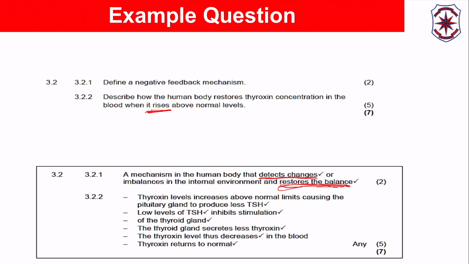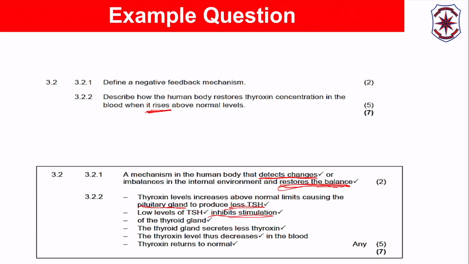Thyroxin levels increase above normal, causing the pituitary gland to produce less TSH. So the pituitary gland is stimulated and it secretes less TSH. Low levels of TSH inhibit stimulation.